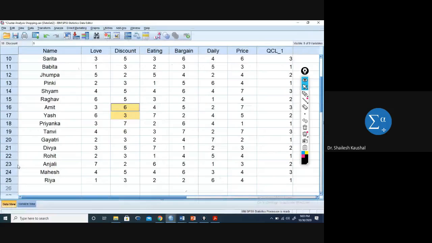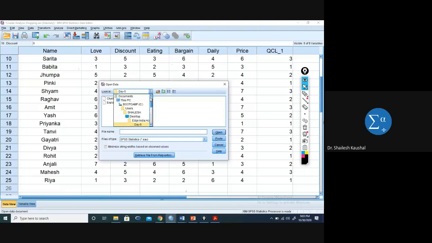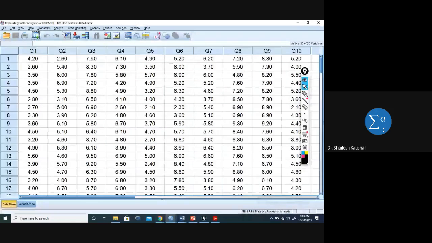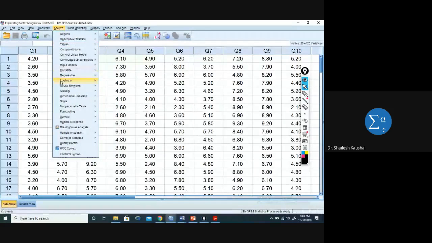So Cronbach alpha, I am taking the file. So how to perform this? Through exploratory factor analysis I can explain it, although I will discuss it in tomorrow's lecture also. So analyze and then scale, reliability analysis.